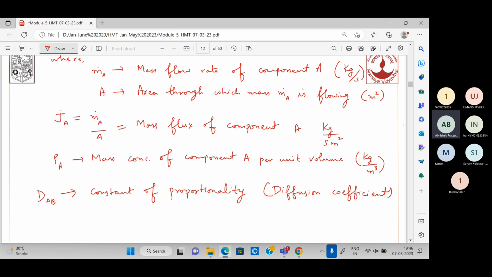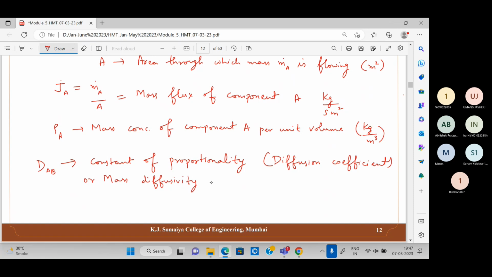It is also known as the mass diffusivity of component A in component B. The unit is meter square per second. That is the unit of diffusion coefficient.